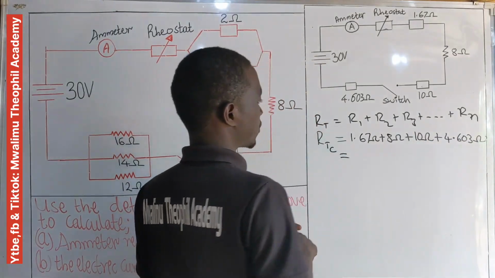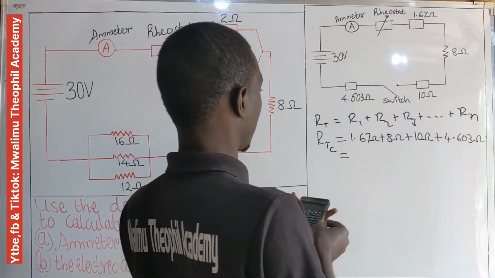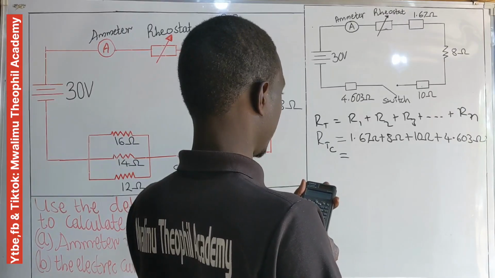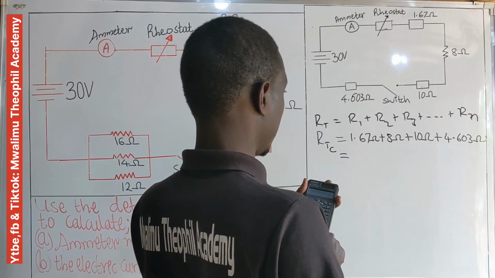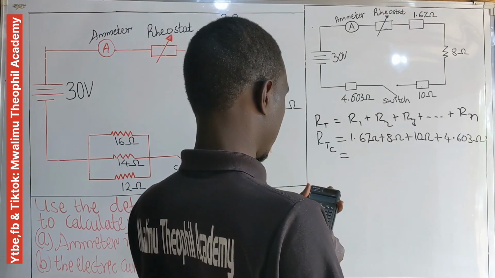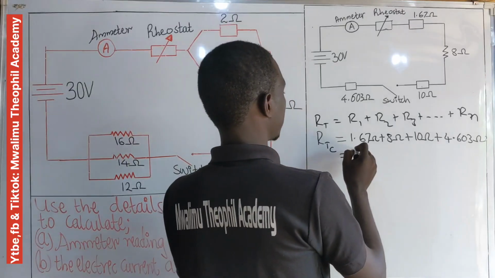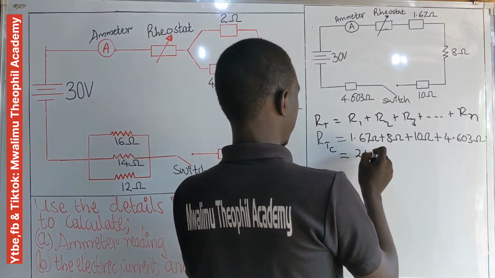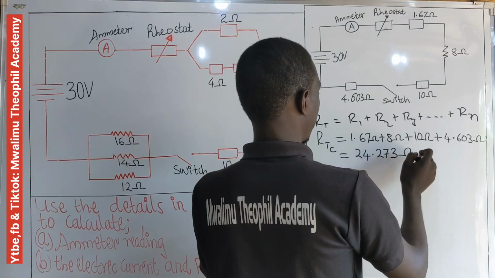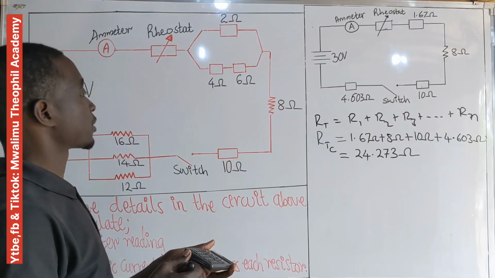Now let's compute this. We're going to have 1.67 plus 8 plus 10 plus 4.603. We're going to have 24.273 ohm. This is the total resistance for the whole circuit.